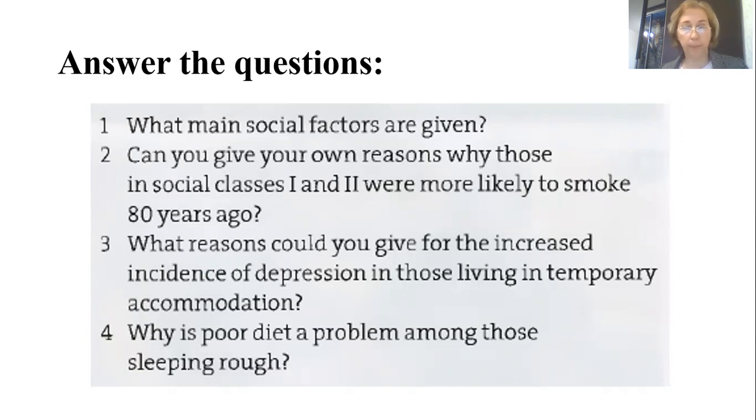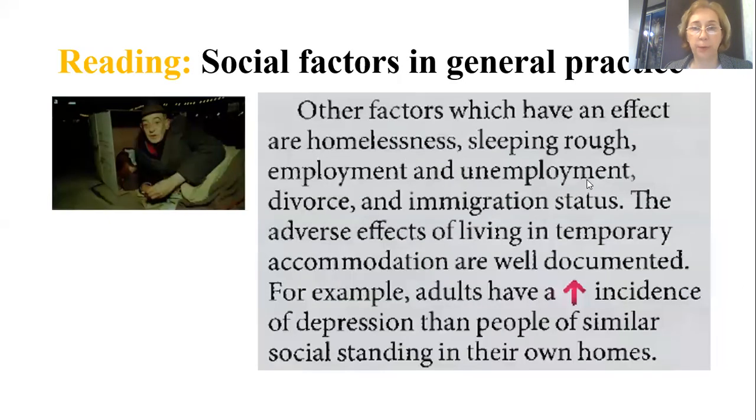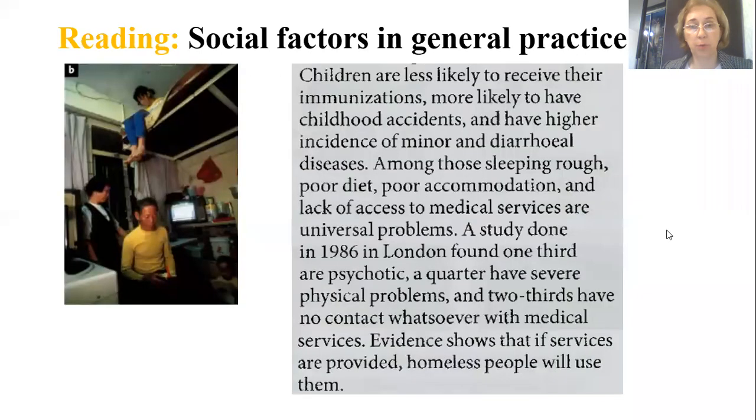Bad habits like smoking at an early age. Okay. Or, in the first pictures, obesity. Okay, yes. The article also gives us information about unemployment, divorce and immigration status. So these are also social problems.